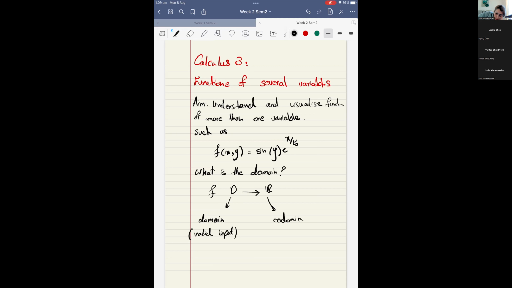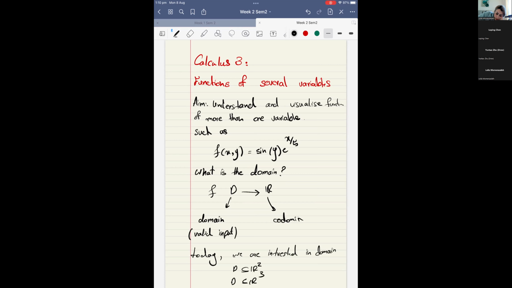Today we are interested in domains R square or R cube.